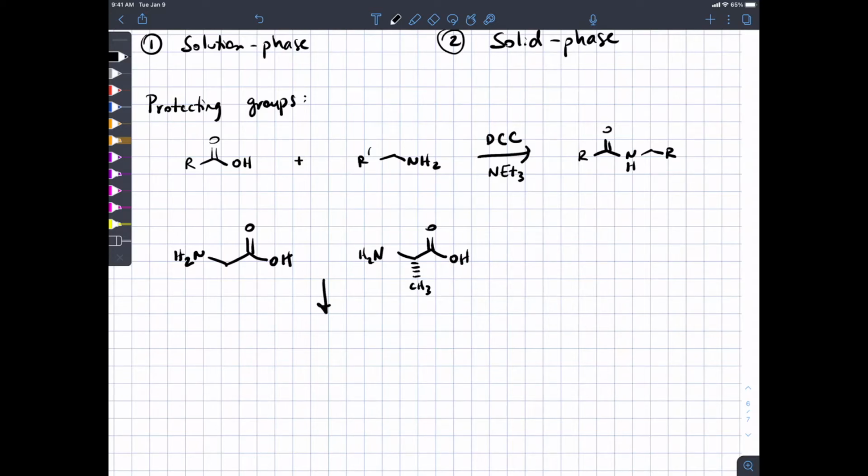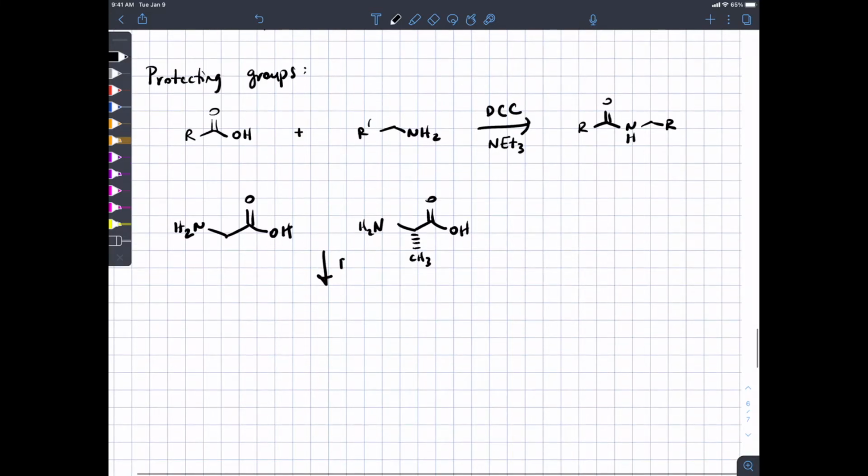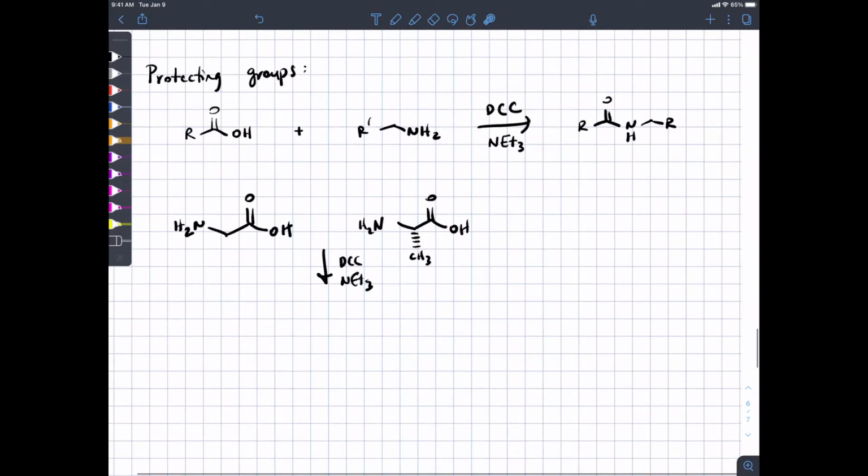And suppose I just used DCC and triethylamine at this stage. Which carboxylic acid is going to get activated? Is one going to get activated in preference to the other? Probably not. And then which amino group is going to do the attacking? Probably either of them, right?